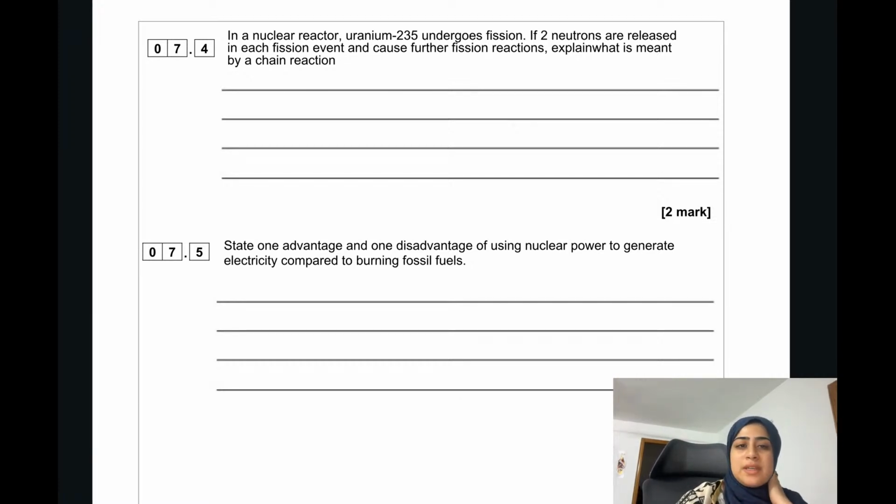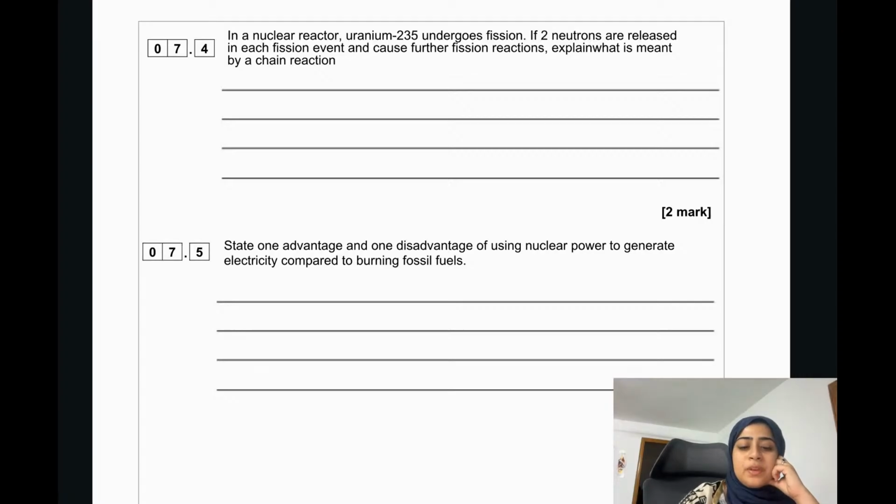Okay, guys, a chain reaction is when each fission event releases neutrons and they cause even more fission events. For 2 marks, it's a self-sustaining process, so it keeps occurring on its own as well.